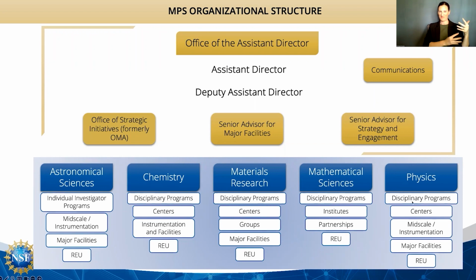It goes much the same across all 5 divisions. At the beginning are disciplinary programs or individual investigator programs. These are all the programs that cover individual investigators. The slides coming up are going to cover the next group of bubbles underneath each division, giving you examples of what occurs in these bubbles.